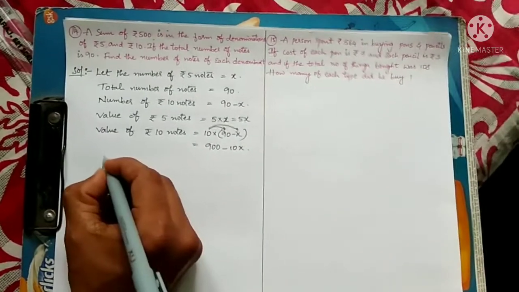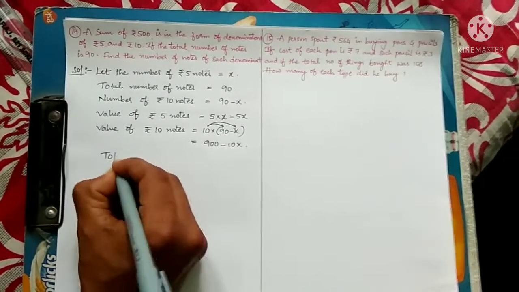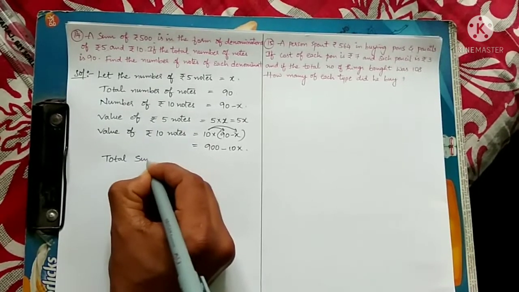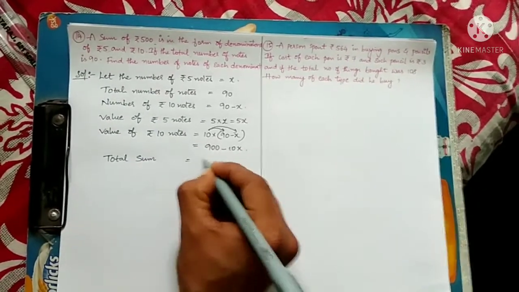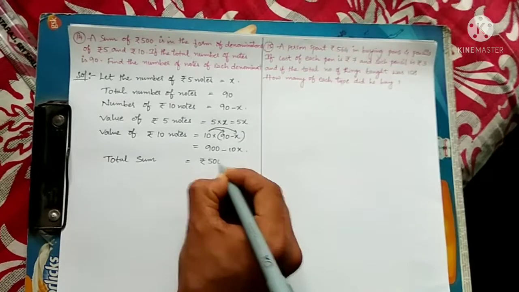Now we write the total sum. Total sum is rupees 500.